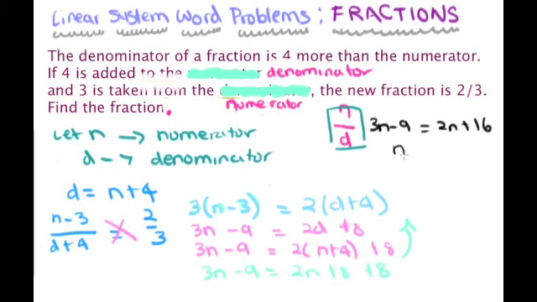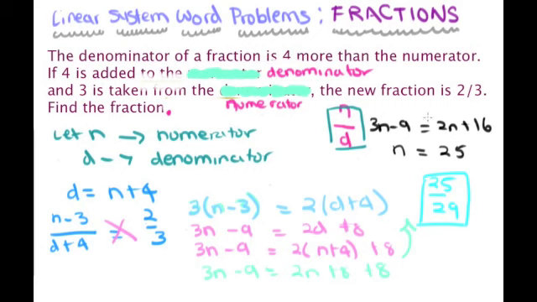So we get that n is equal to, we add 9, 25. So the numerator is 25. The denominator is 4 more than that, so the denominator is 29. So 25 over 29 is what we think. Let's check that.